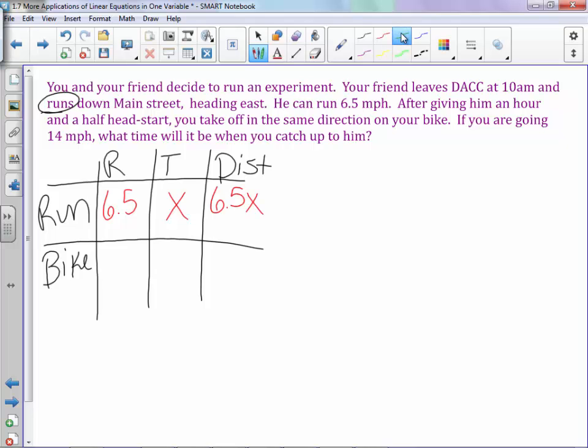Now our biker, he can bike at 14 miles an hour. Now he's not biking for the same amount of time as the runner. He leaves an hour and a half later, so he's going 1.5 less hours.